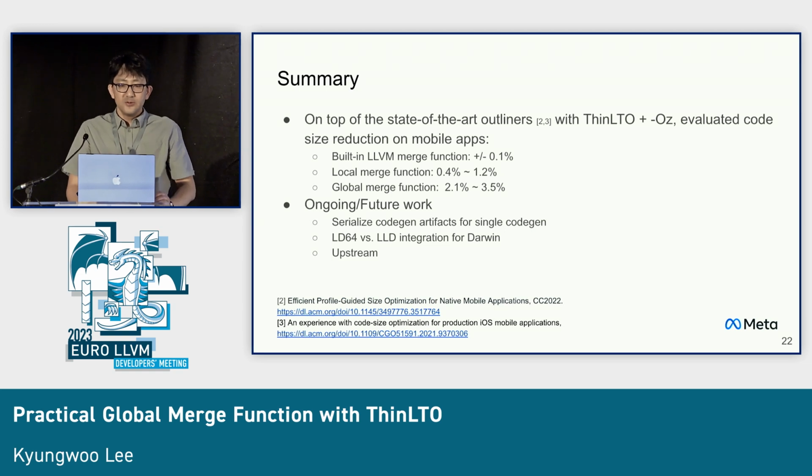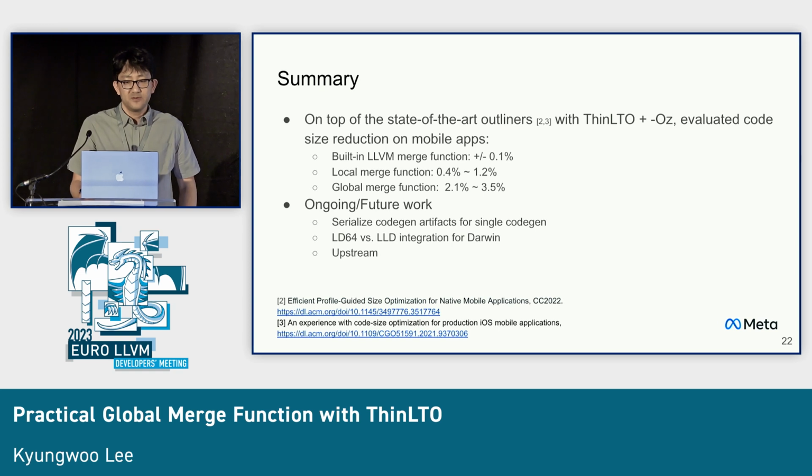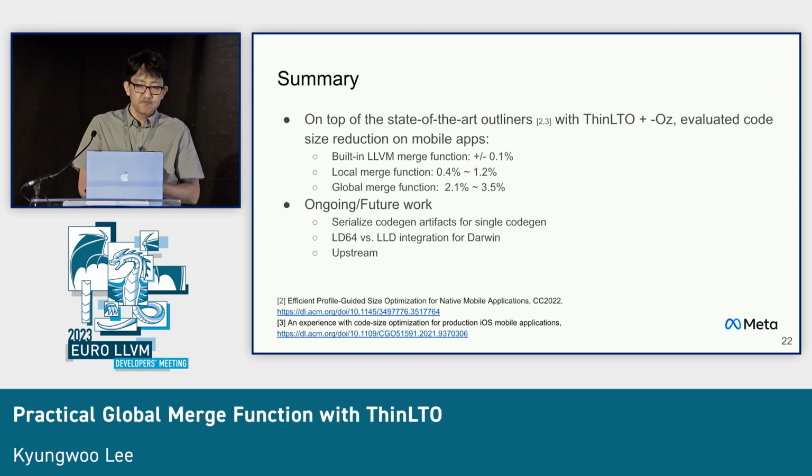To conclude, I introduced the new global merge function and evaluated its effectiveness. As for future work, we are currently exploring ways to avoid repeating codegen to improve build time.